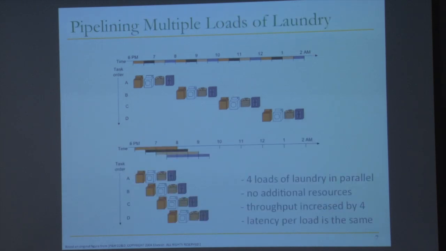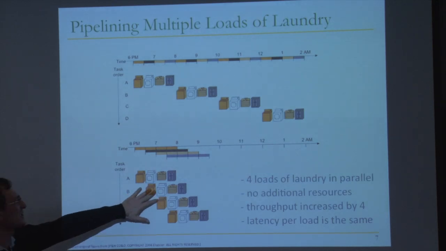So pipelining basically reduces that time and improves throughput, right? This is what you get to do 4 loads of laundry. You can do them in parallel. Basically, once the first load is in the dryer, the second load can go into the washer. Once the first load is being folded, the second load can go into the dryer, and the third load can go into the washer. And at the steady state, there is 1 load at each stage of the laundry processing pipeline, right?